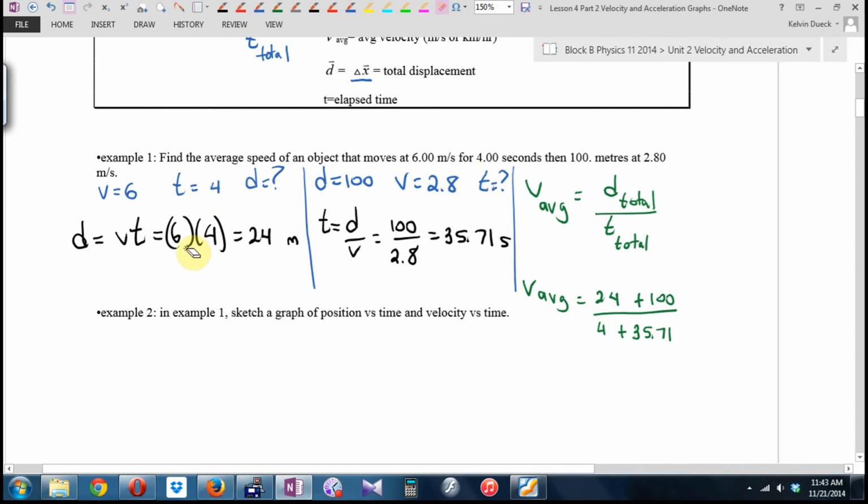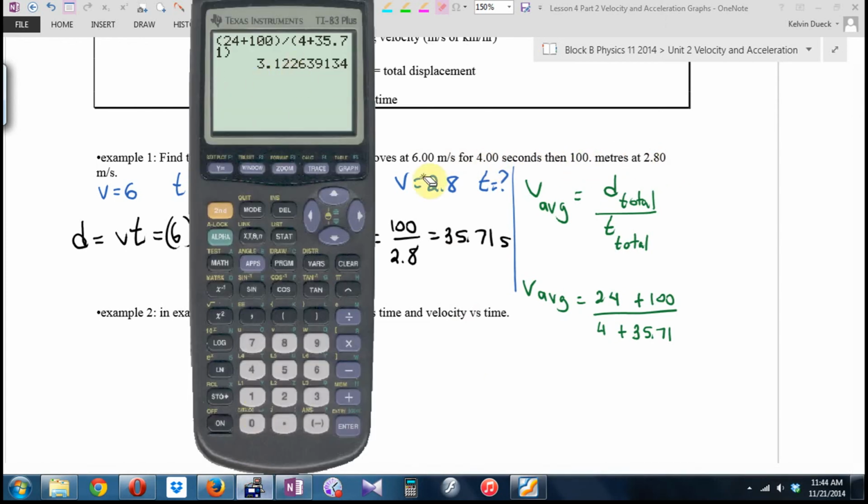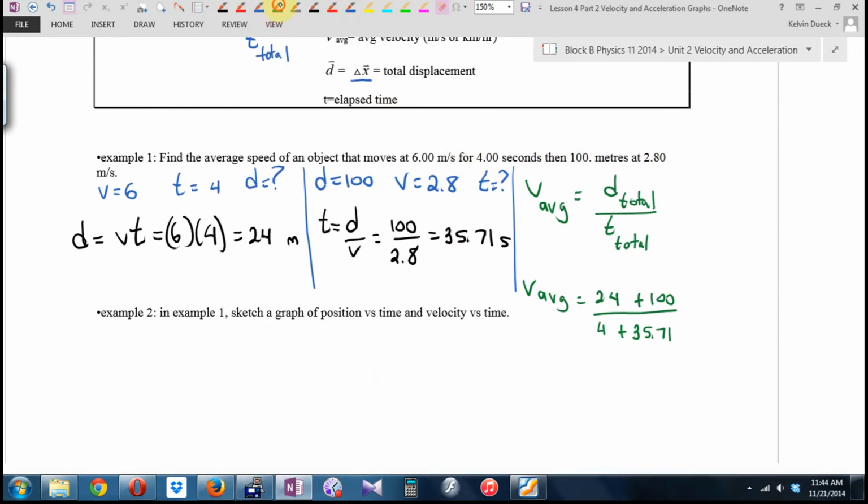For a little bit of time I was traveling a little bit faster, so my average should be a little bit bigger than 2.8, but still close to 2.8 because most of the time I was traveling 2.8. So that answer matches what I think the answer should be. What did I say it was? 3.1? 3 sig figs, 3.12. Units, meters per second.